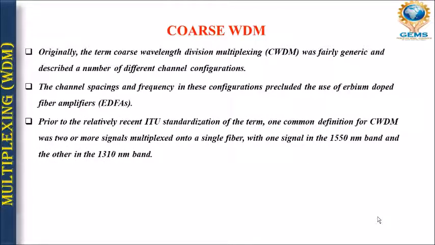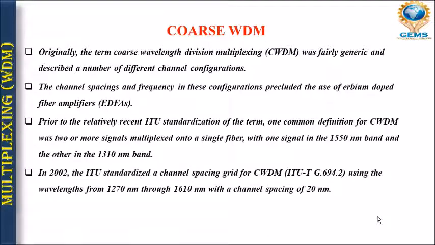Prior to the relatively recent ITU standardization of the term, one common definition of CWDM was two or more signals multiplexed onto a single fiber, with one signal in the 1550 nm band and another in the 1310 nm band. So in that standardization, we are basically using signals with two types of band: one was the 1550 nm band and the second was the 1310 nm band.